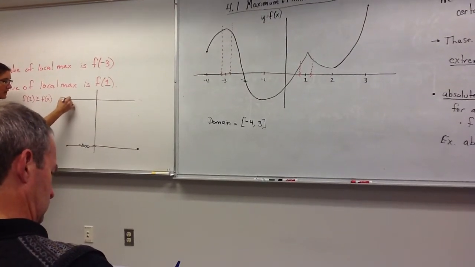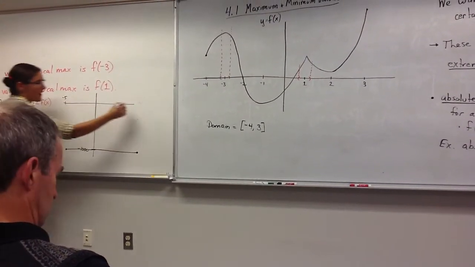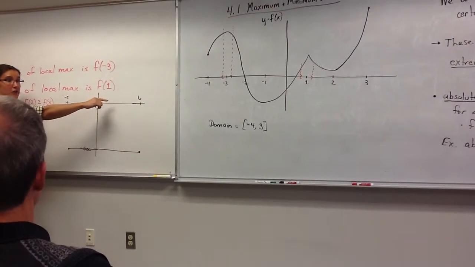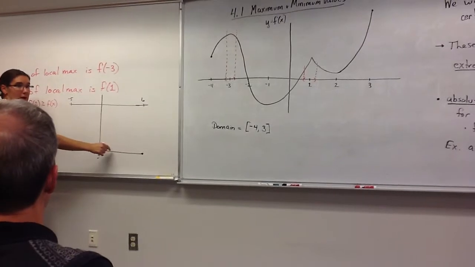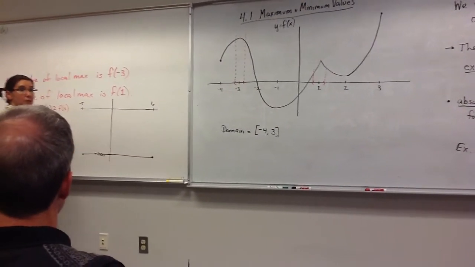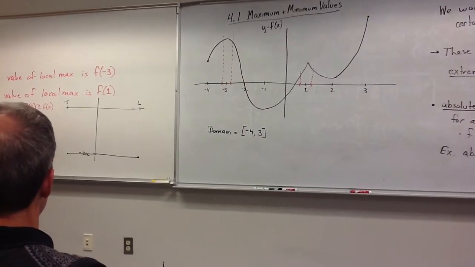Every single x value, whether it be x is equal to negative 5 or over here to x is equal to positive 6, every single x value, the corresponding y value is greater than or equal to the y values in a little neighborhood around it. That would be our maximum.